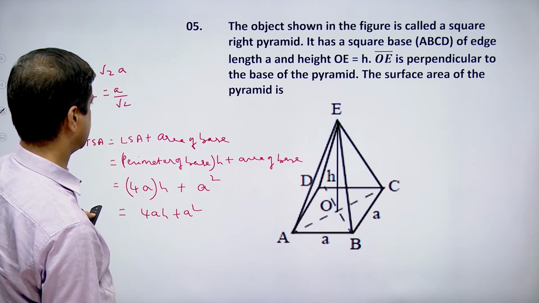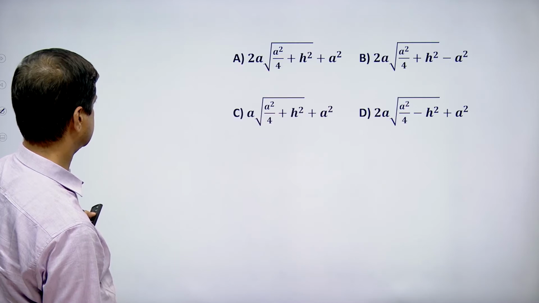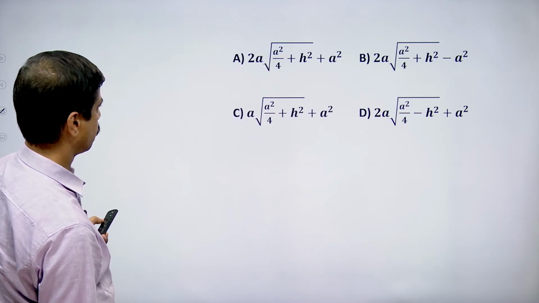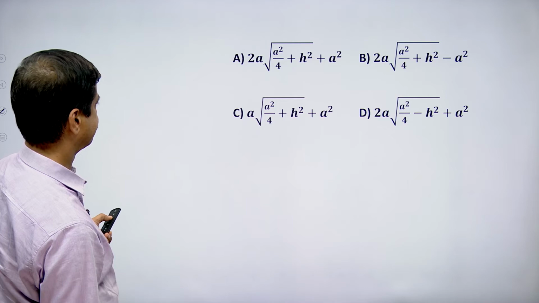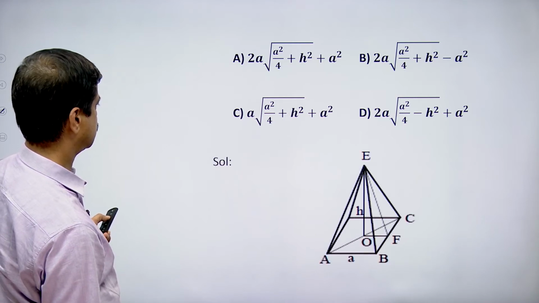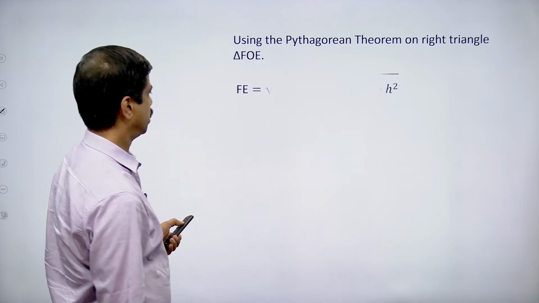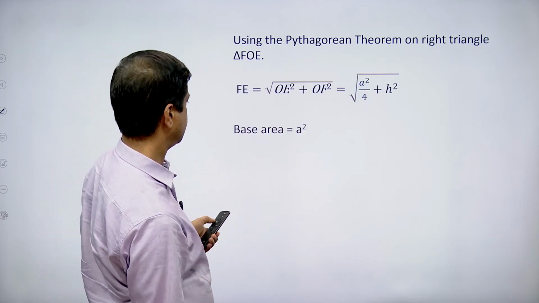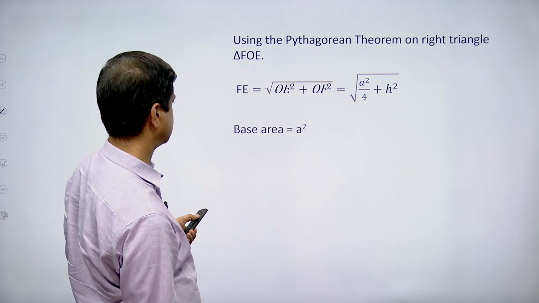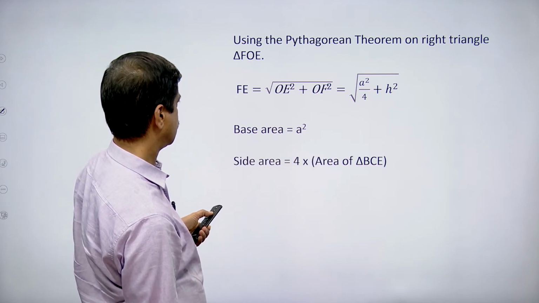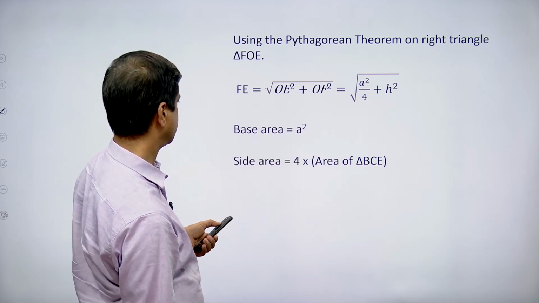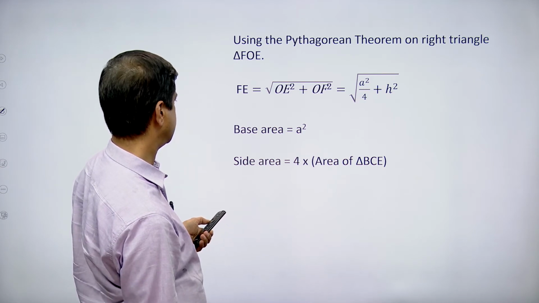H is not there anywhere in the answers. Is it there? Yeah, H is there. So what is he exactly asking? FE is equal to a square by 4, base area is a square, 4 times area of triangle BCE.